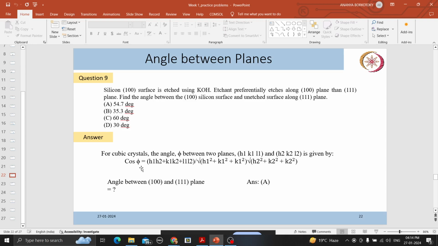That is why we are using this formula: cos theta is equal to a dot b divided by mod of a and mod of b. So this formula is for this kind of system where the planes and directions are orthogonal. I hope it is clear, right?